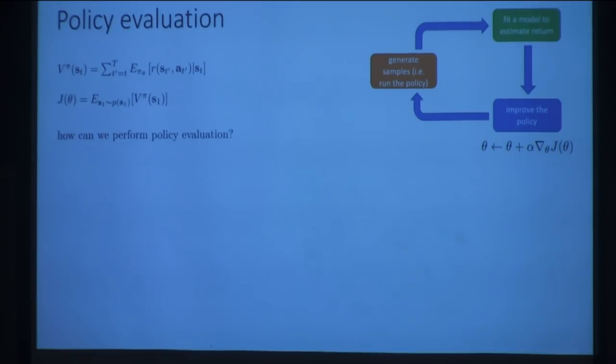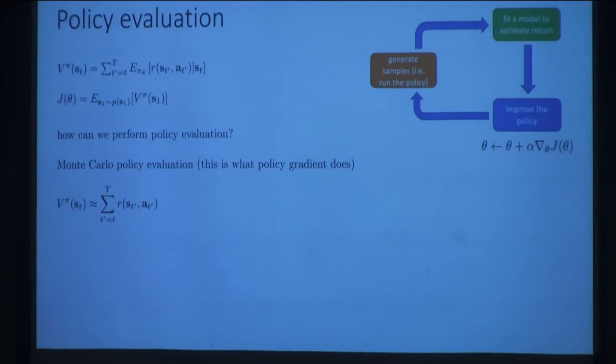So how do we perform policy evaluation? Well, we need to construct estimates for this value function and fit to those estimates. One of the things we can do is use Monte Carlo policy evaluation. Monte Carlo policy evaluation is actually what the policy gradient from Wednesday does. It just refers to taking samples and summing together their rewards.